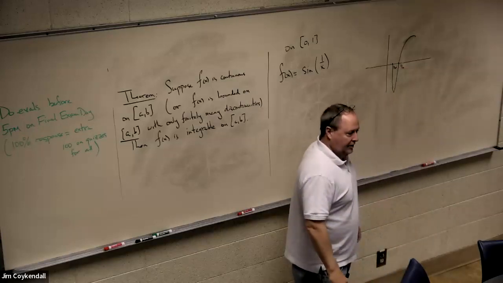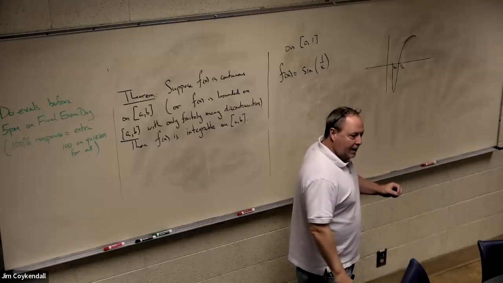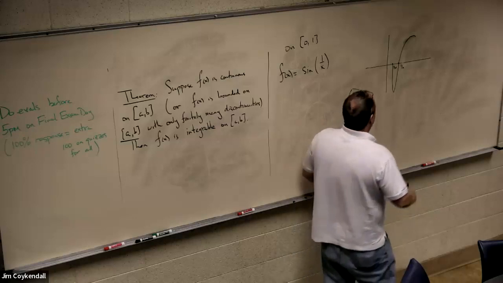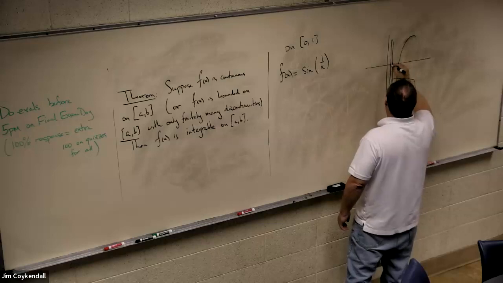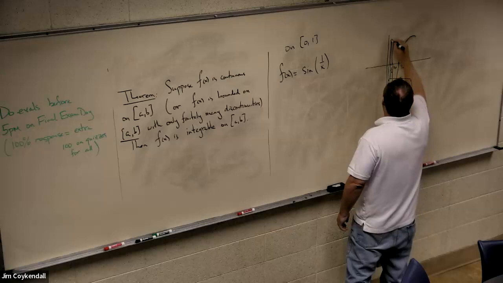The next place it crosses the axis, sine of 3 pi is 0. So 1 over 3 pi, and 1 over 4 pi, 1 over 5 pi.